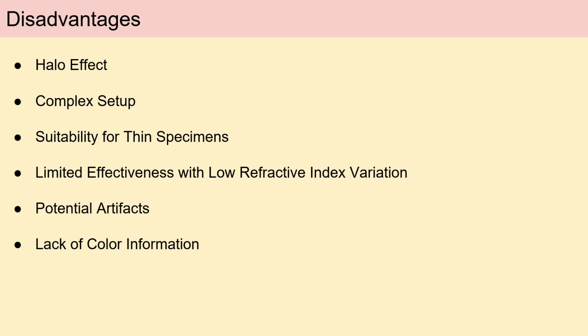This effect can obscure fine details and make it challenging to interpret the image accurately. Additionally, phase contrast microscopy requires a complex setup and precise alignment of components such as the annular diaphragm and phase plate. This complexity can make it more difficult to use and maintain compared to simpler microscopy techniques.